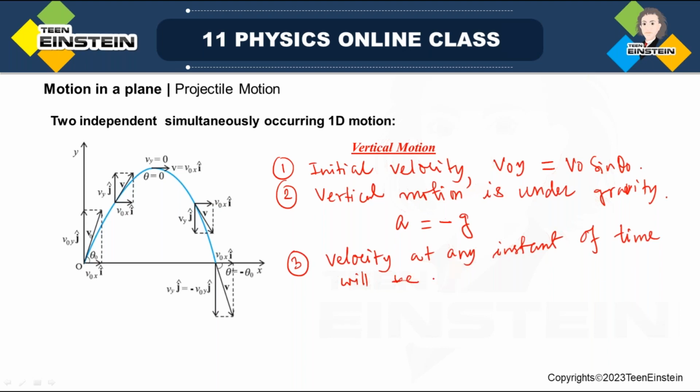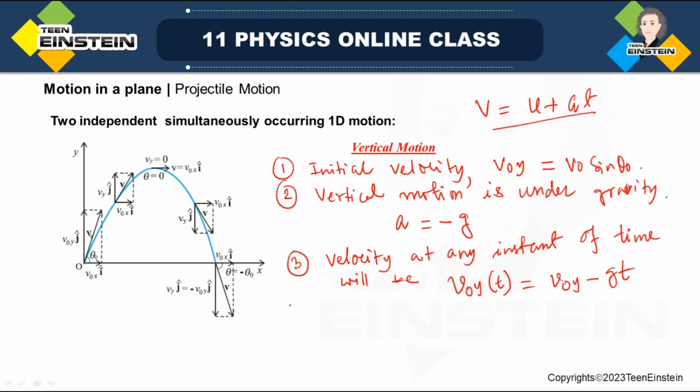We know final velocity is equal to initial velocity plus acceleration into t. So that formula of kinematics we will be using here. So the velocity at any time t will be given by v0y minus g into t. Okay, this is the velocity at any time.